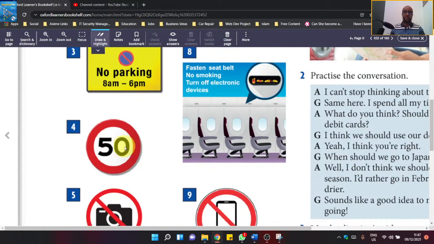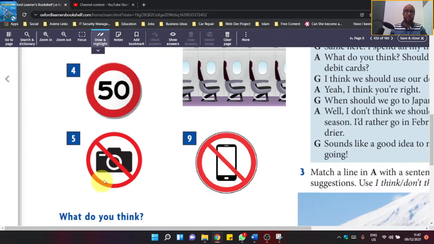So here's another example. We have a speed limit. Maybe with the speed limit, you aren't allowed or you can't drive over 50 miles per hour, right? Here, for example, you aren't allowed or you can't drive. And here, you aren't allowed to take photos or you can't take photos, right guys?